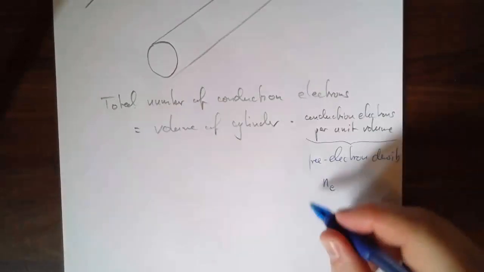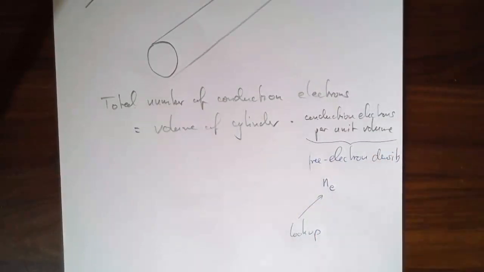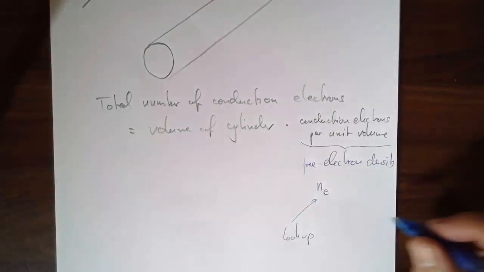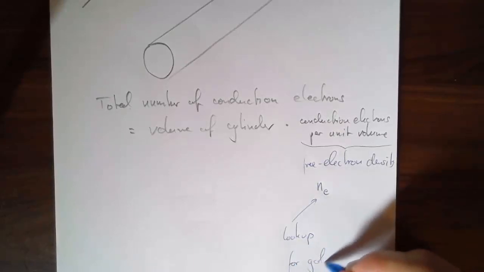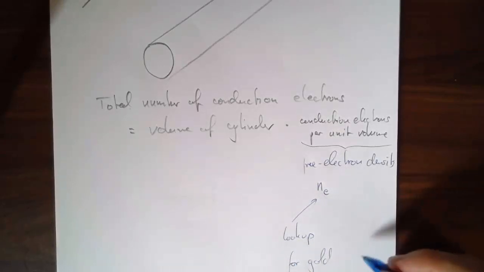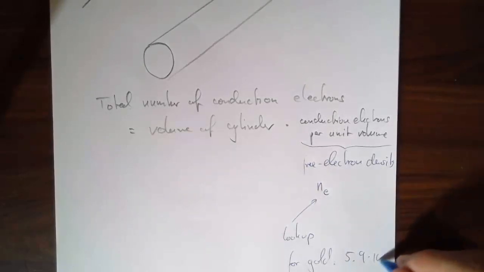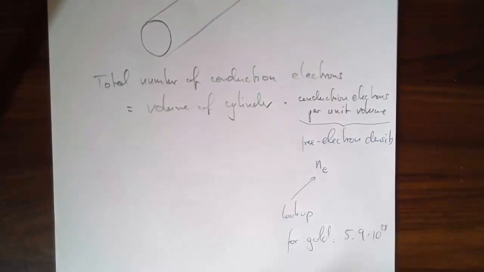That is something you go and look up. For gold, it turns out to be 5.9 times 10 to the 28. So it's a huge number, right? But you expect the electrons are utterly tiny. 10 to the 28 per cubic meter. So you can look that up.